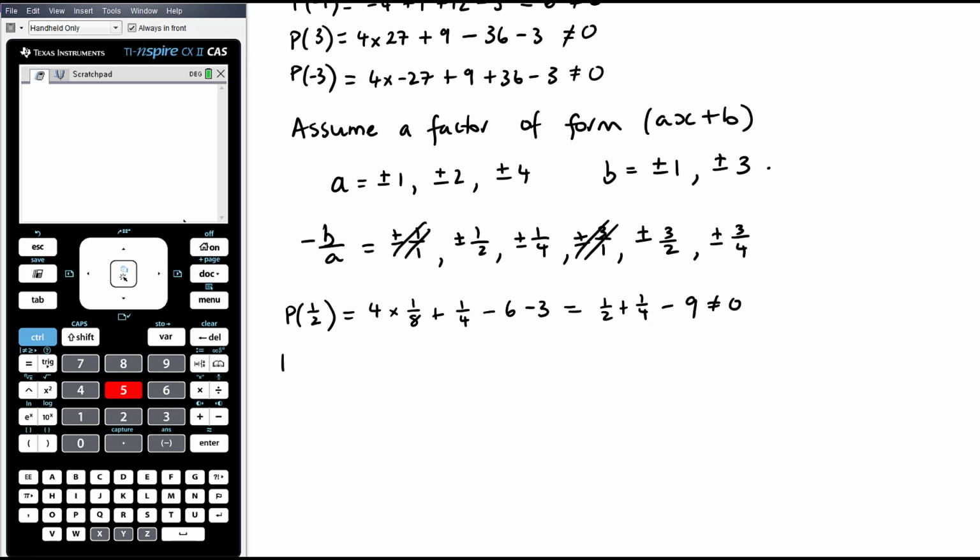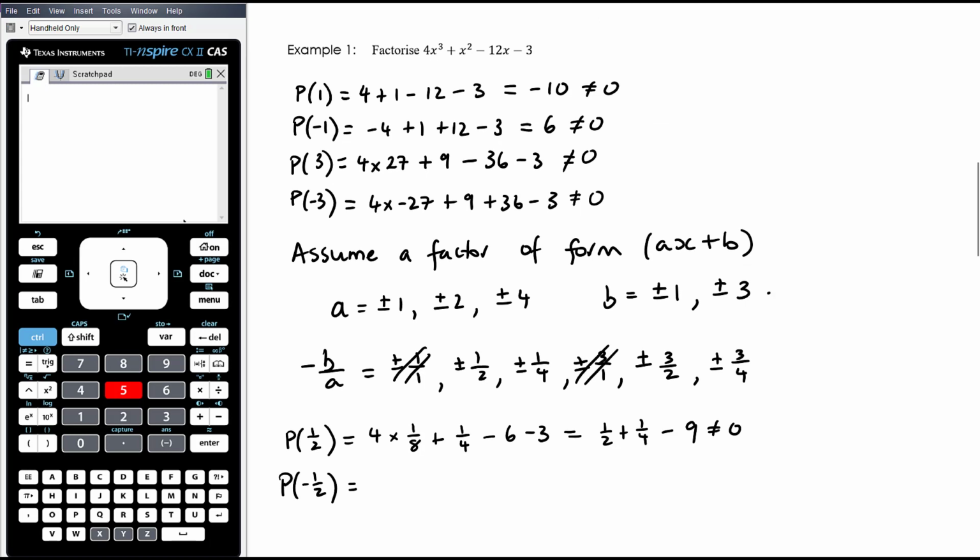Okay, let's try p of negative a half. Now again, you want to think about using what you can use. So if here we subbed in positive a half, now we're going to sub in negative a half. What's going to change is this first term is going to become negative, because negative half cubed will be negative 1/8, and the sign of the third term will change as well. But the second won't change because negative half squared is the same as positive half squared, and this won't change.